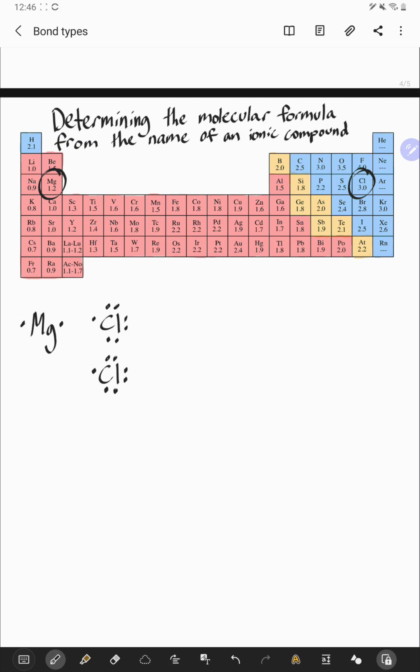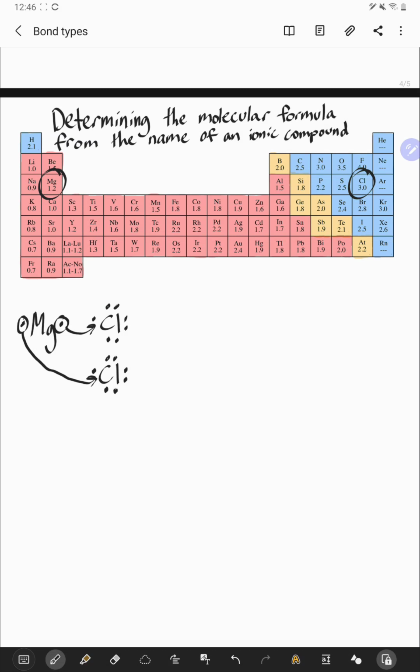It's only interested in getting to 8 valence electrons, not interested in getting to 1. So magnesium can give away 1 electron to this chlorine, and then magnesium can give away 1 electron to this chlorine.